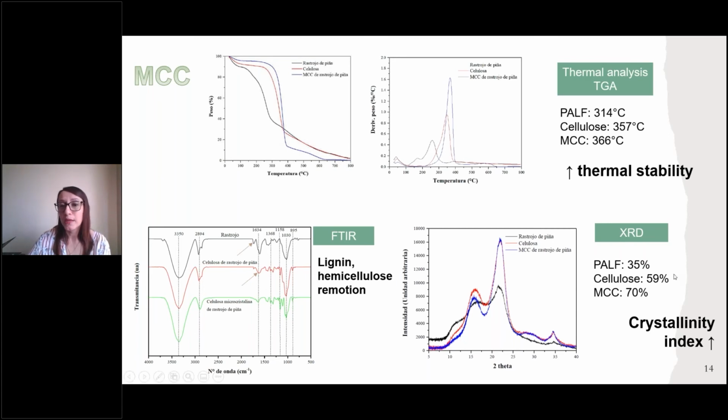And also we do X-ray diffraction to analyze the crystallinity index. The idea is that when you go from PALF to MCC, the crystallinity index increases. It goes from 35 to 70%.